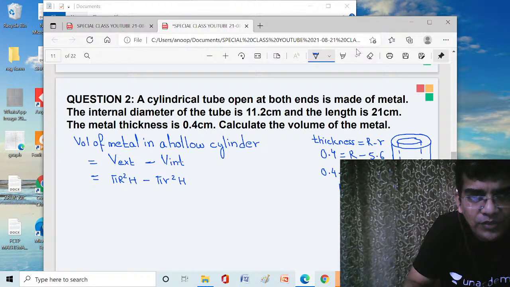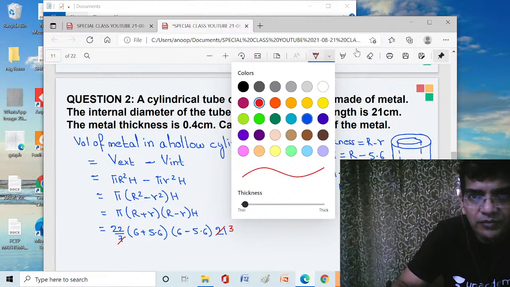Now before opening this bracket, you see over here, this 7 will reduce this 21 three times. So let it be reduced by it. Now it's 22 outside the bracket. Within the first bracket, when I add these two, it becomes 11.6. And in the second bracket, when I subtract these two, it becomes 0.4.